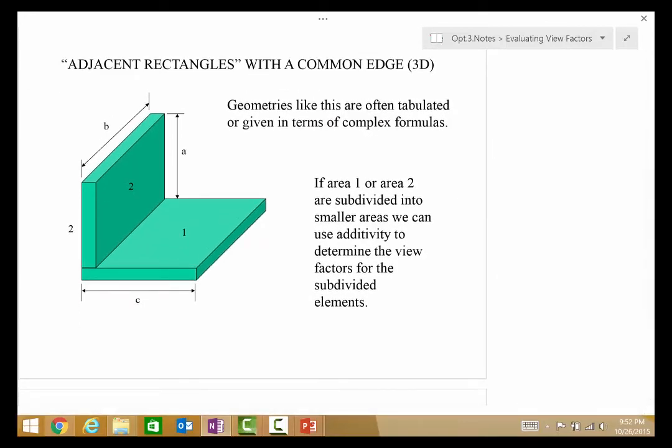Oftentimes the tables are provided, but not every single configuration is given by the table, and we have to do more than just what the tables provide. We have to use some symmetry properties, and we have to use the simple view factor algebra. By view factor algebra, I primarily mean we have to use this reciprocity relationship and also this additivity relationship.